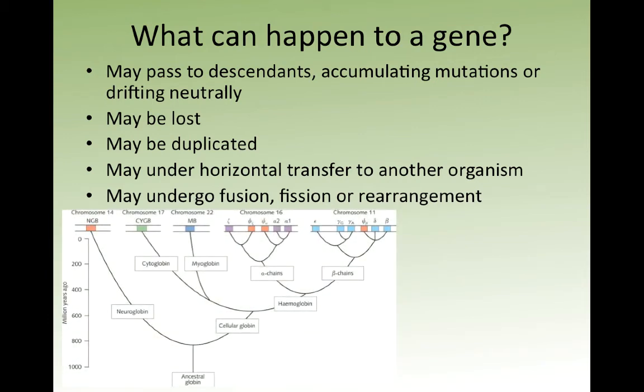If we think of a good example of this, we can look at patterns of duplication and dispersal of globin genes. What you can see here is various types of globin genes and their dispersal across various chromosomes. First off, globin genes are dispersed across multiple chromosomes in your genome, at least five chromosomes shown in this example.